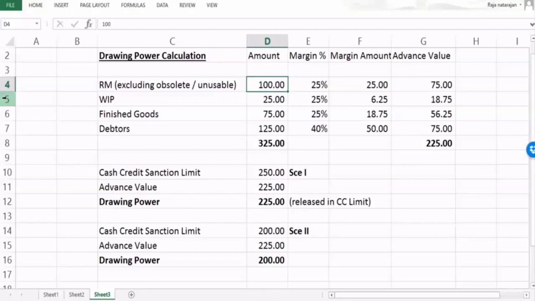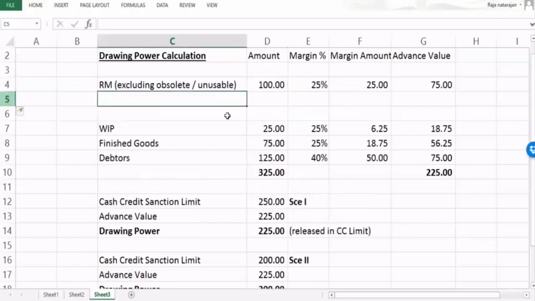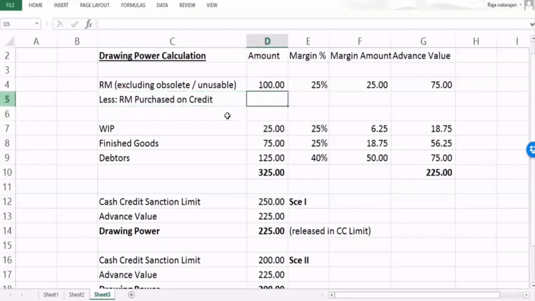Okay, so let me just introduce two rows. So here I'm going to say less raw material purchased on credit. Let's say of this 100, I have raw material worth around 40 which is purchased on credit.